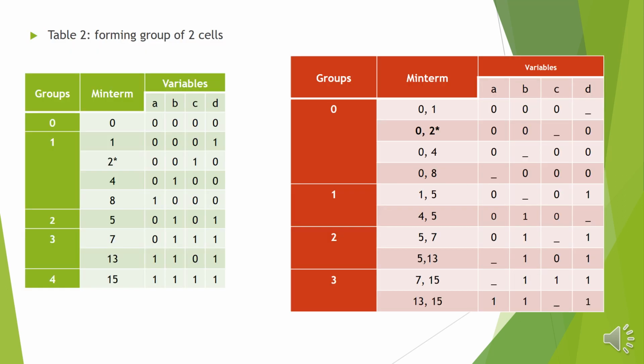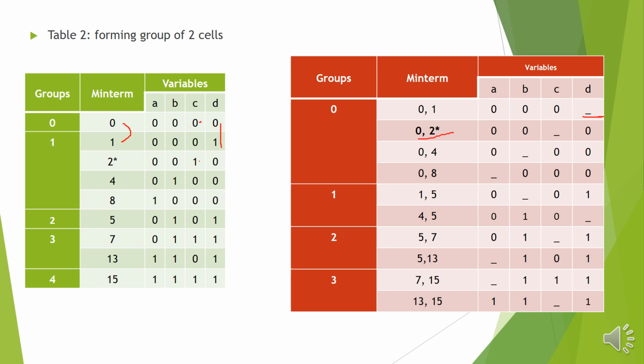So now for the second table, let us have the comparison here. You just observe. Group 0 should be compared with group 1, and all the elements should be compared. So 0 and 1 form a logically adjacent group because only D is varied, and 0 with 2, again C is varied.